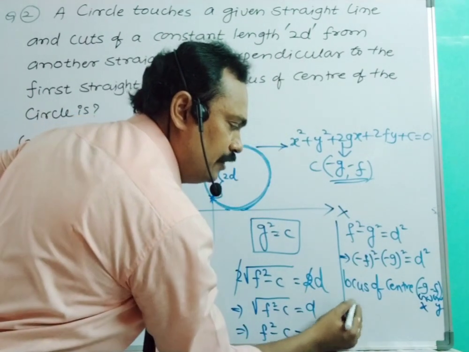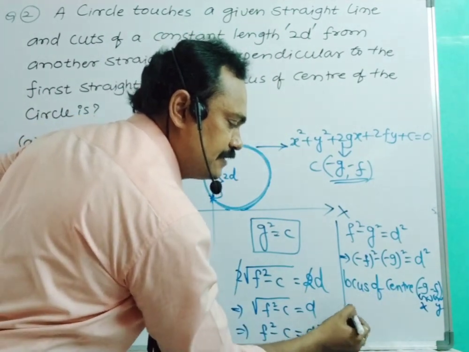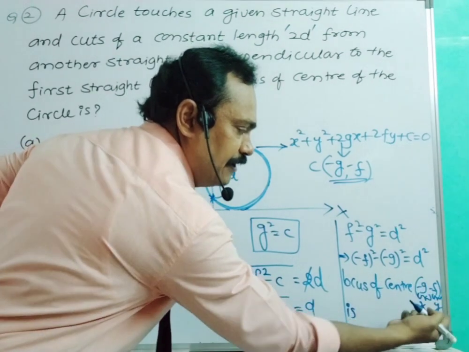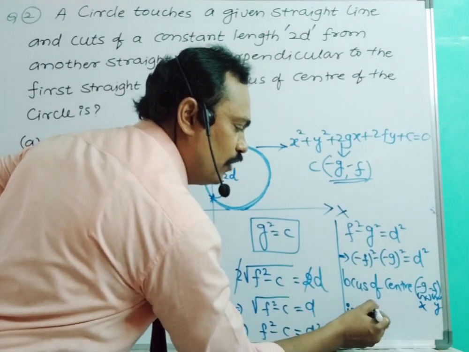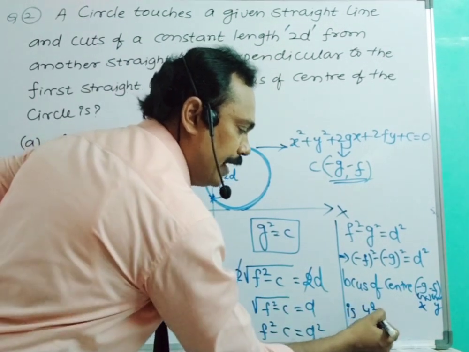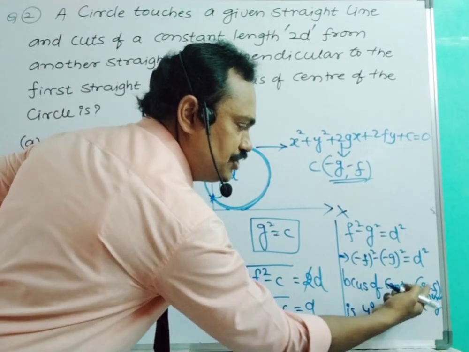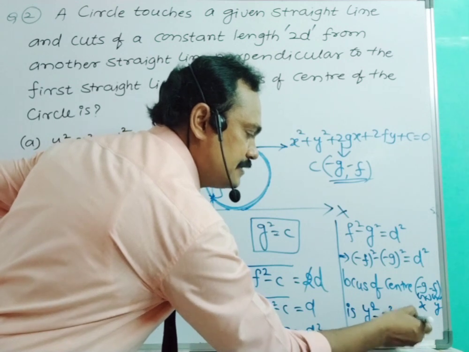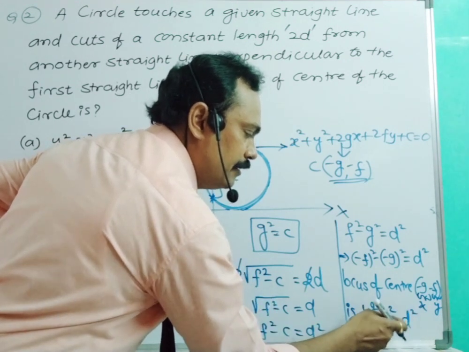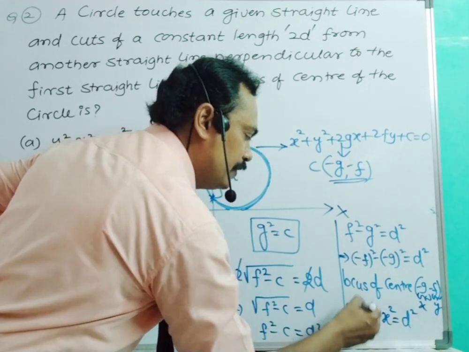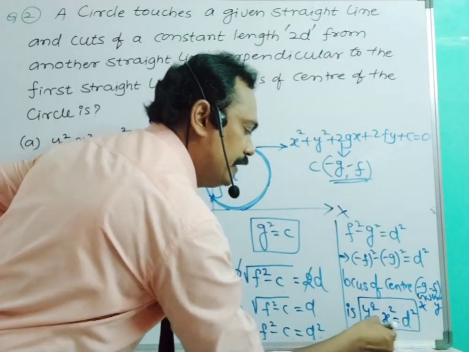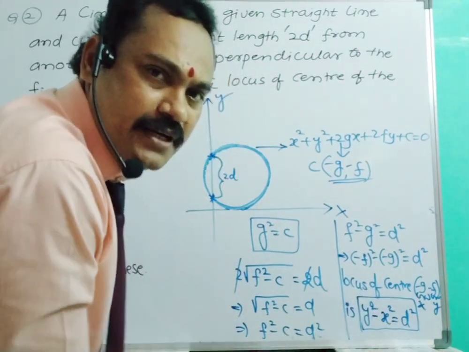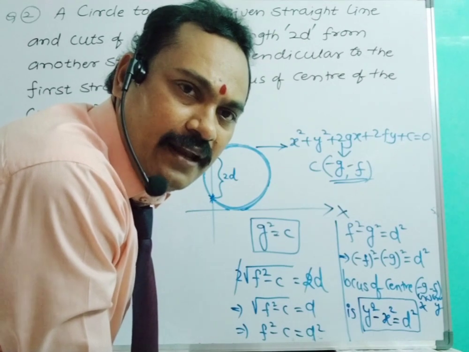So the locus of the center is: minus f replaced by y gives y square, minus g replaced by x gives x square, and it remains d square. So this is the required locus of the center of the circle. Is that clear?